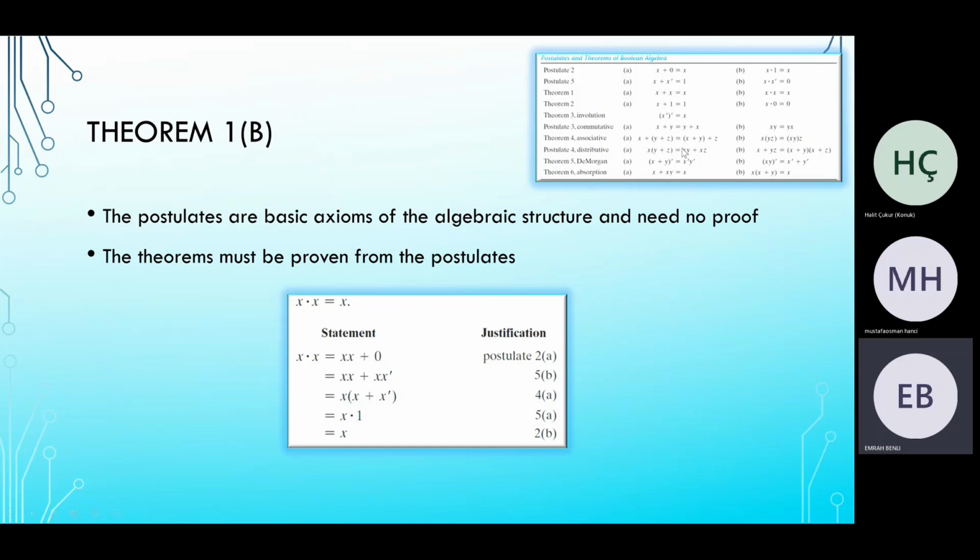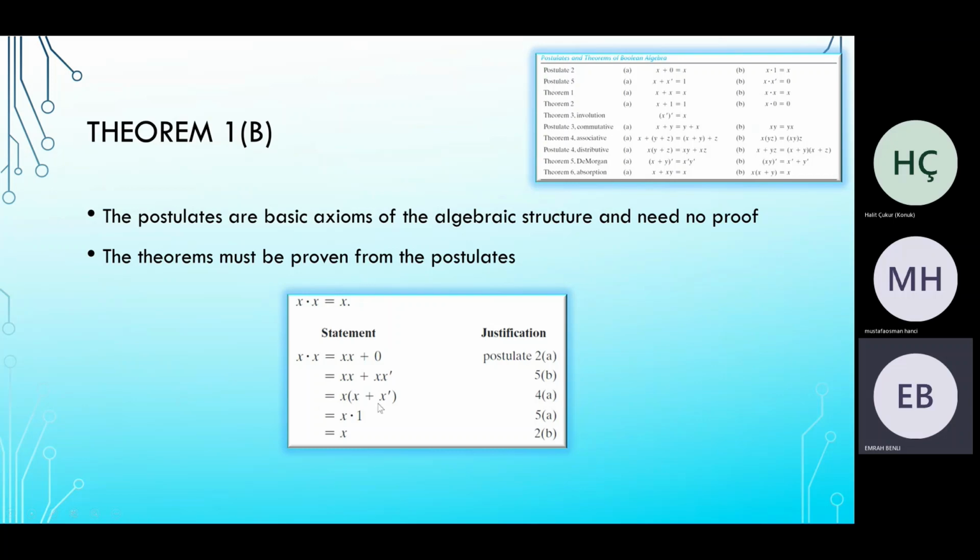So our expression is in this form, xy or xz. And what we need to do is take x outside and in the parentheses y or z. So get the x outside, x parentheses, x or x prime.